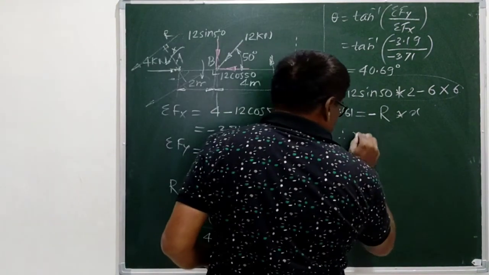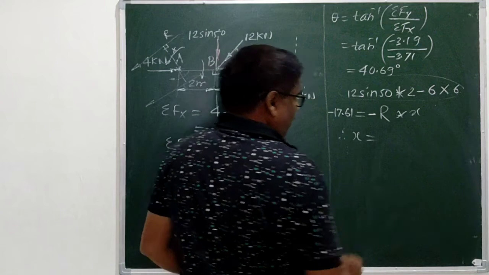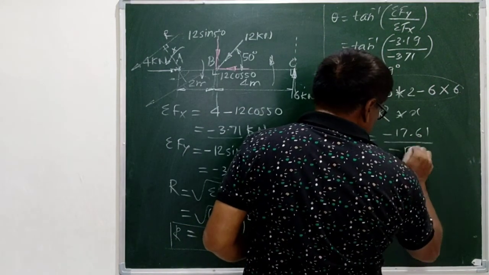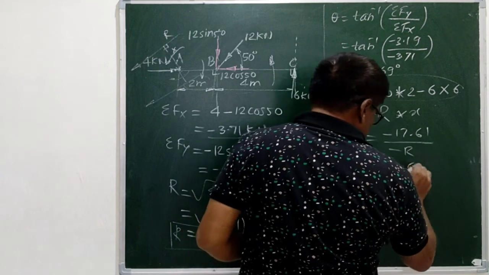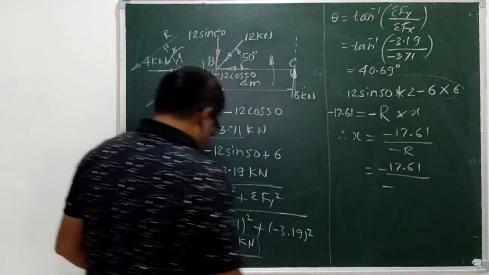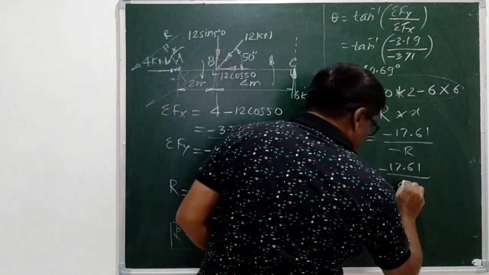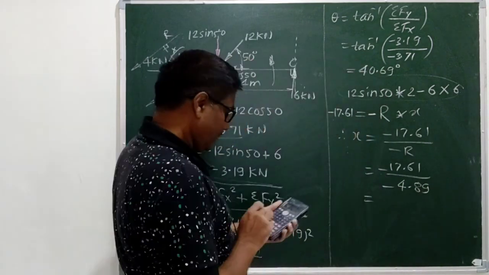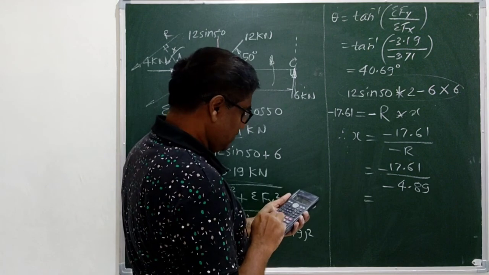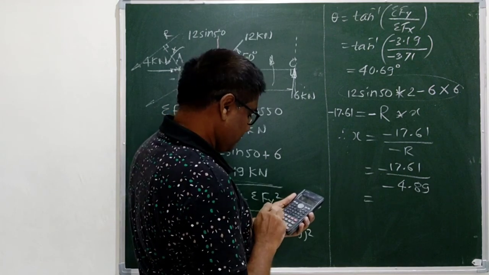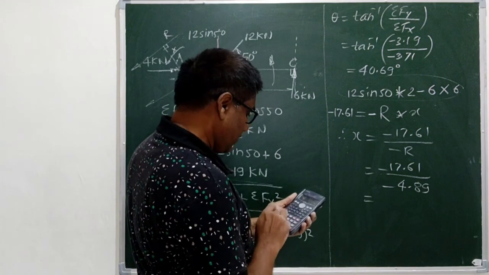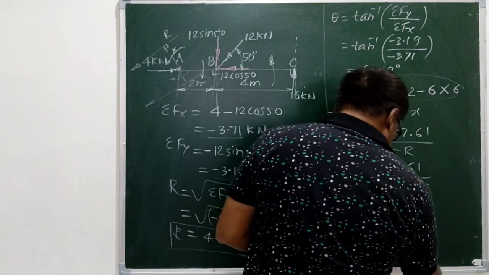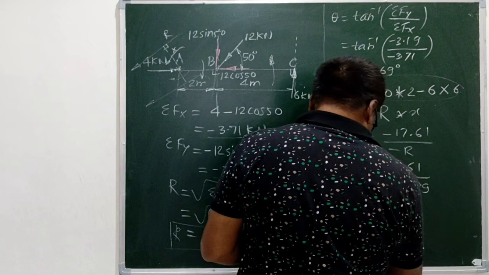Therefore x is equal to minus 17.61 upon minus r, minus 17.61 upon value of r is 4.89, which is equal to 3.6 meters.